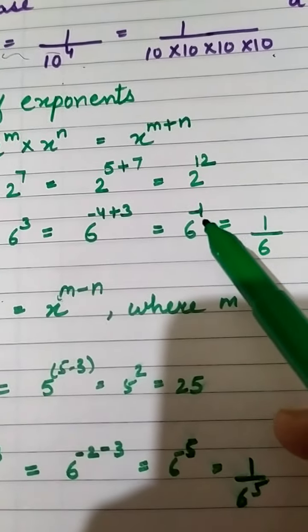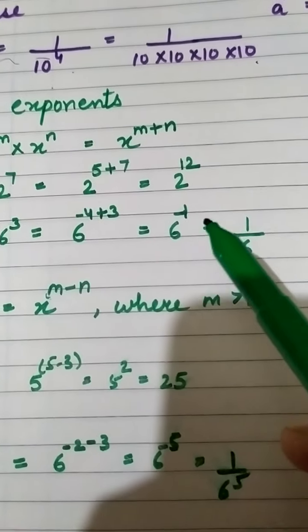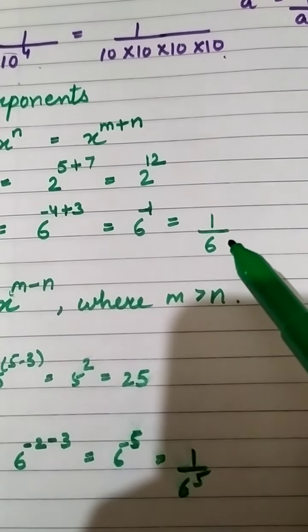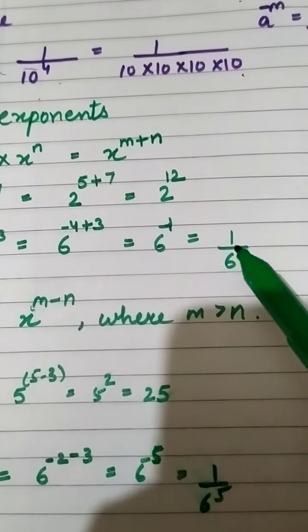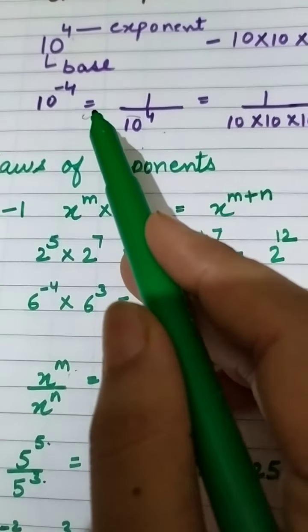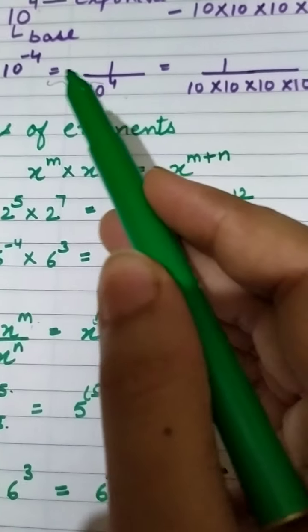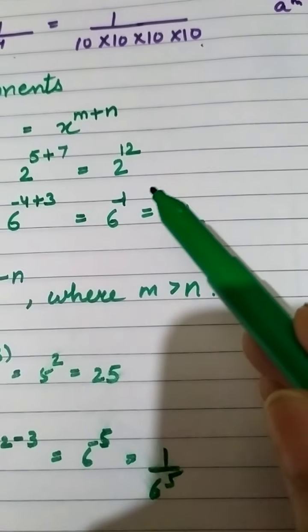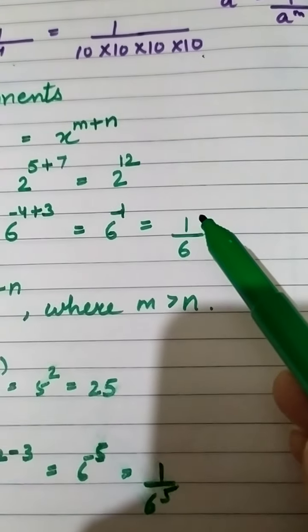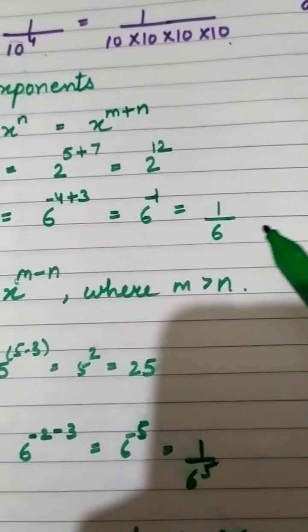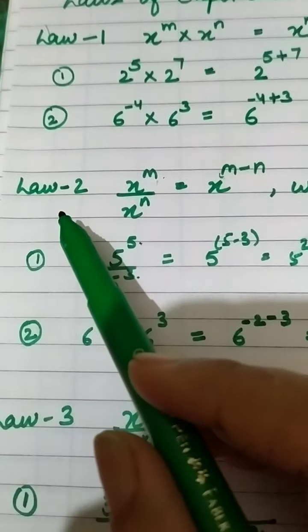But don't leave your answer here, because we have to show our answer in positive form. As I told you before, we take the reciprocal, so it will be 1 upon 6. Clear?